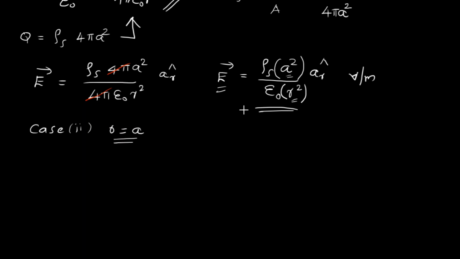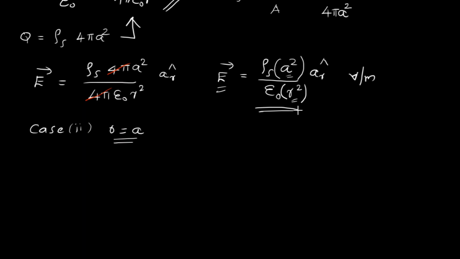I will not derive it again. You have this electric field intensity equation in front of you. You can just substitute R equal to A in this equation. That's all you have to do.